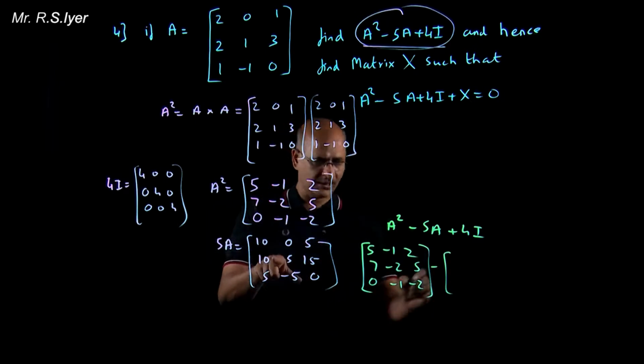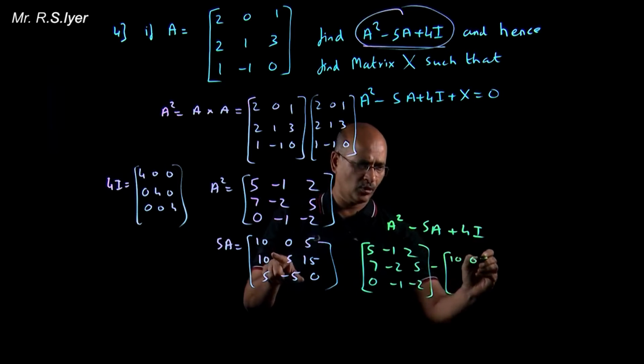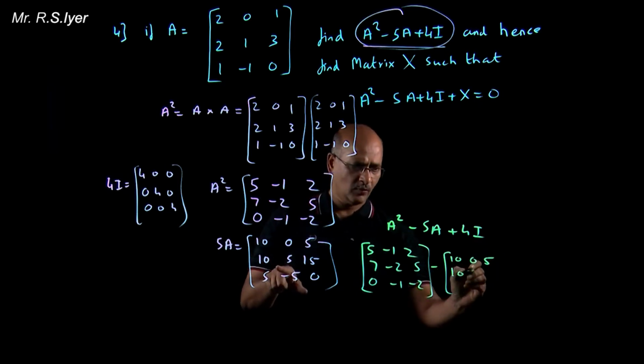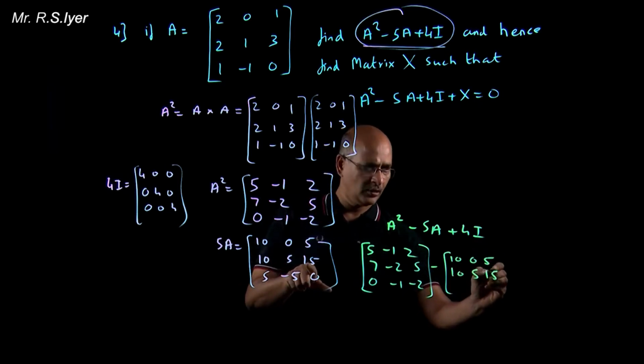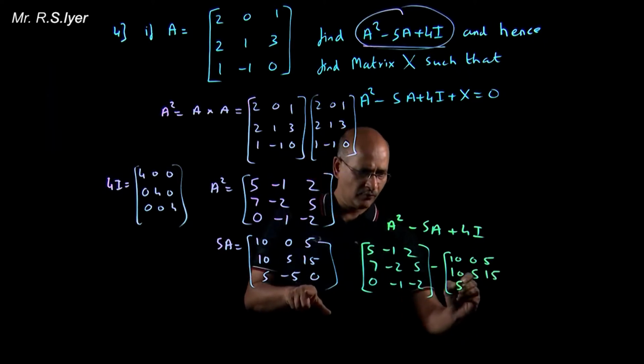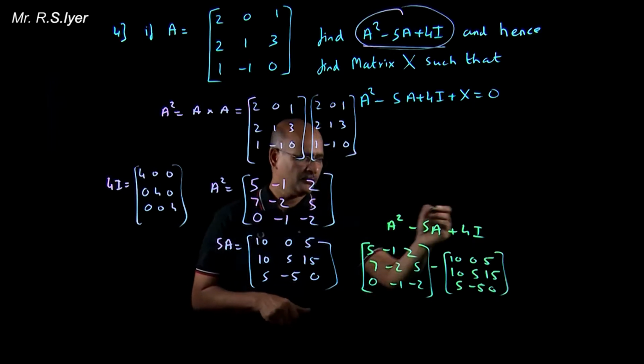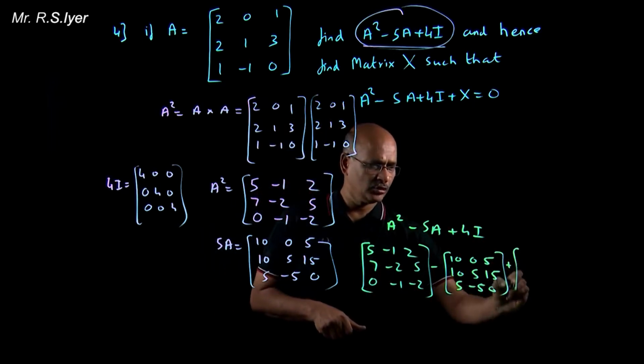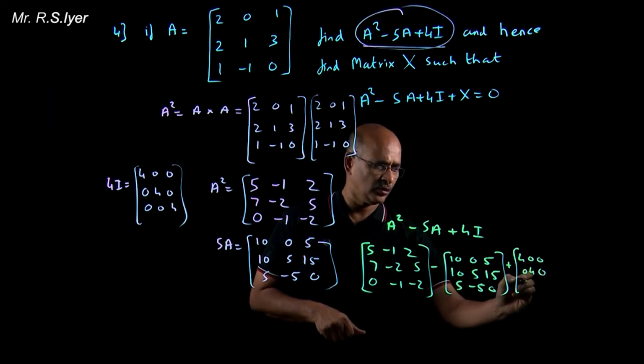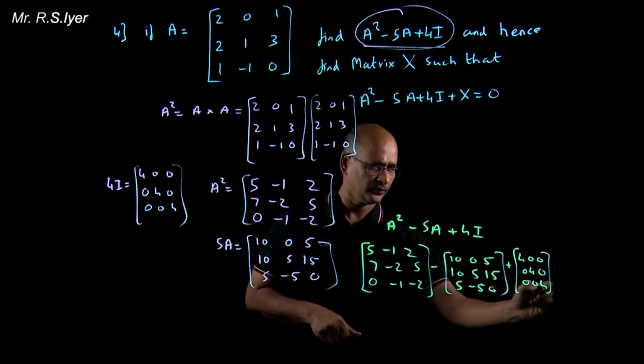So 5A is given here: 10, 0, 5, 10, 5, 15, right, and 5 minus 5, 0. Then plus 4I, so everybody knows 4, 0, 0, 0, 4, 0, 0, 0, 4.